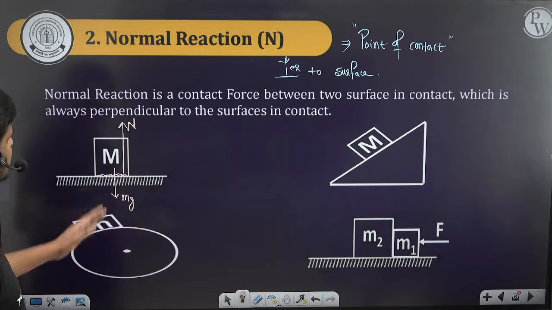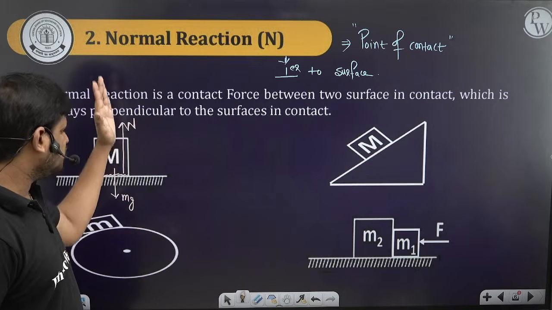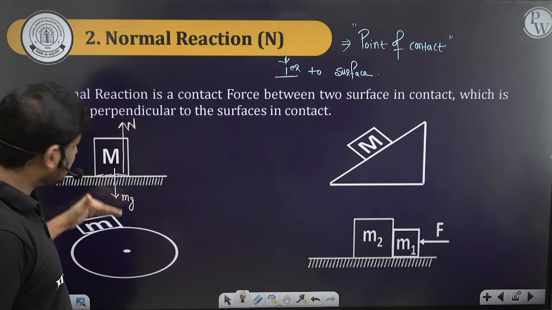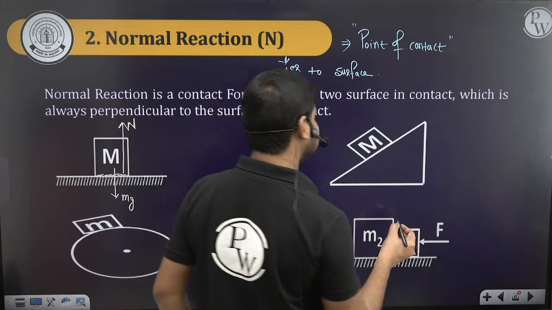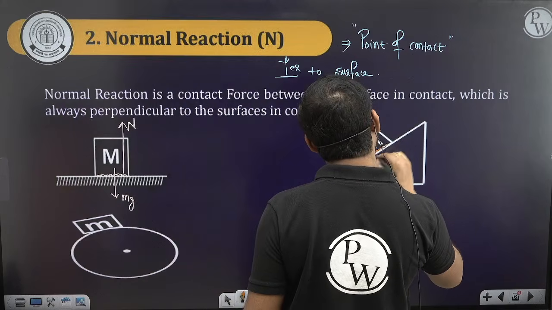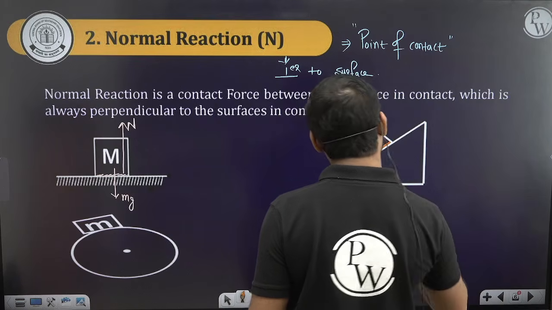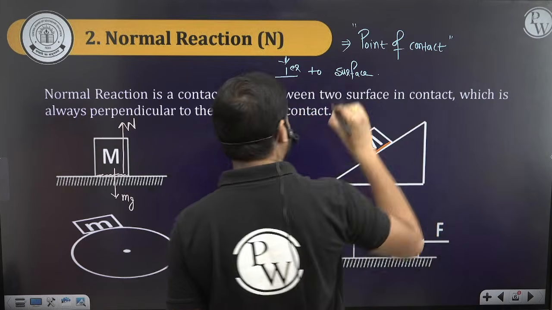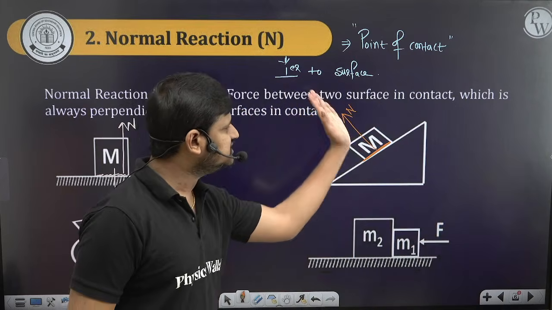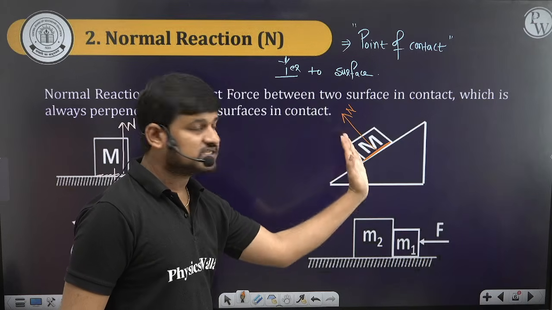Yes or no? So the normal reaction is perpendicular at the point of contact and the weight is downwards, mg. In this case, this is also a point of contact. The normal reaction will always be perpendicular to the surface at the point of contact. So here in this situation, the normal is like this.